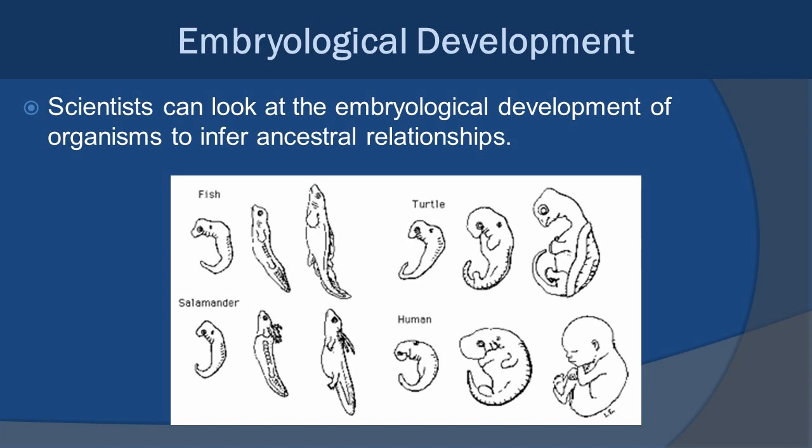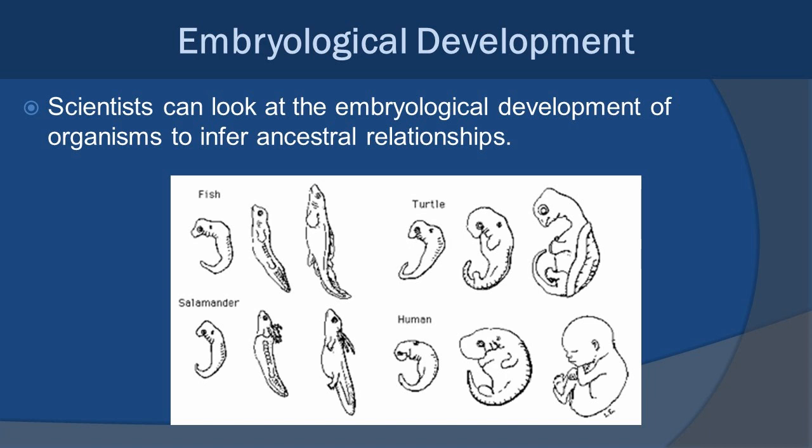Basically, as embryos develop, they show various different traits within those embryological developmental stages that revert back to various ancestral relations. For example, humans, when you are an embryo, you actually develop gills and a tail. Now, those things eventually go away within the developmental process, but they're there. And so that's what we're talking about with embryological development.